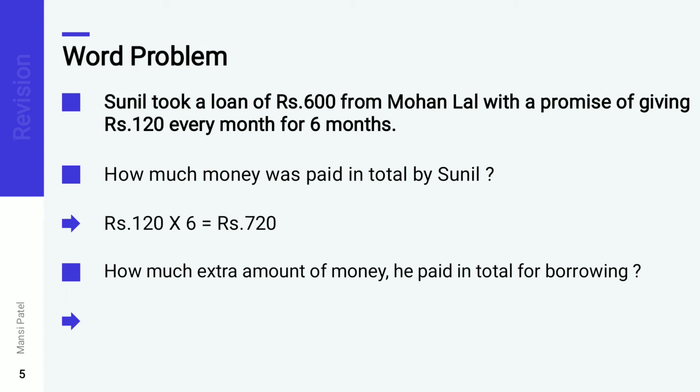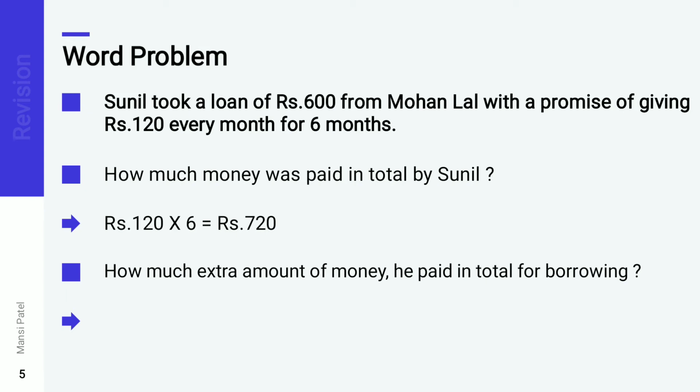So some extra amount is given by Sunil to Mohanlal. How much? You have to find out. This 600 rupees, that is the amount. This 720 rupees, that is the amount with interest. And you have to find out the amount of interest.